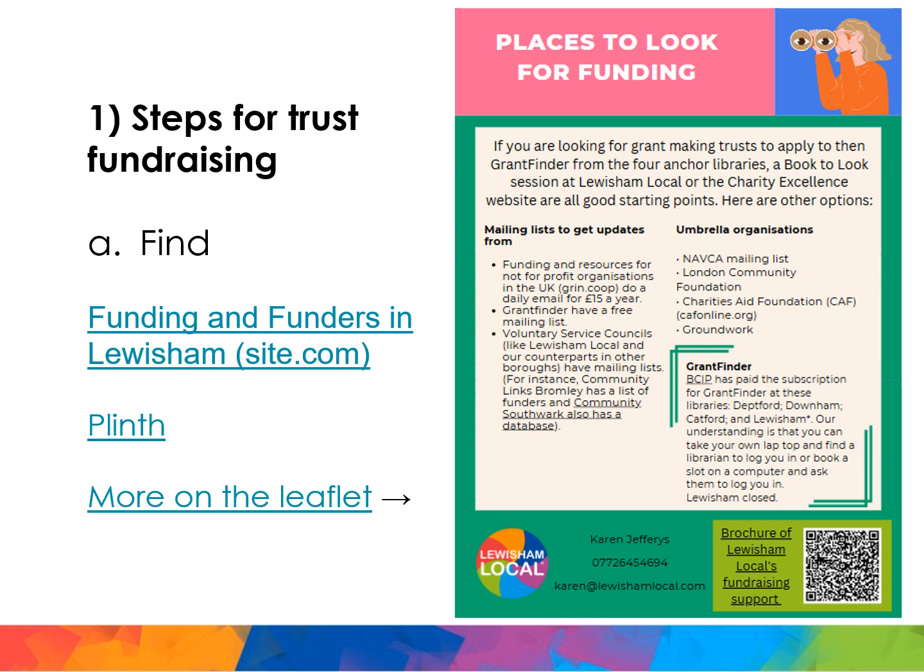Another thing that I particularly want to draw out is using Plinth, which is an AI system to write bids, but also to find funders as well. So you can go on there, and even as part of the free support, you can look up funders.